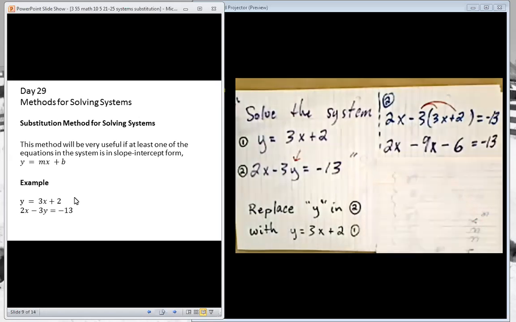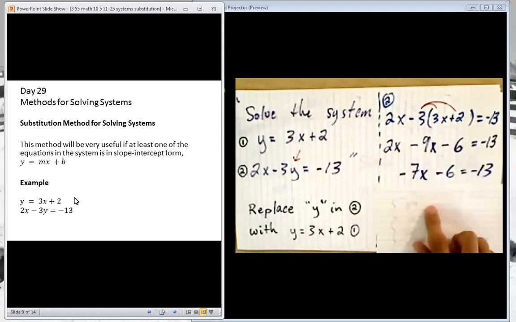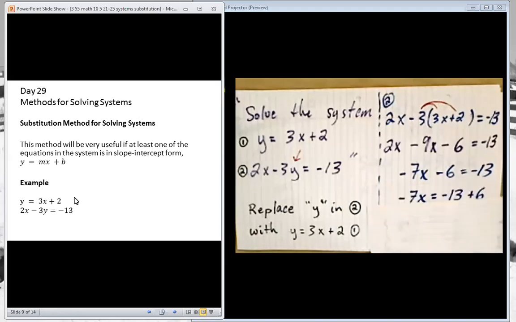The minus is going to become positive. Well, there it all is, through to the end.